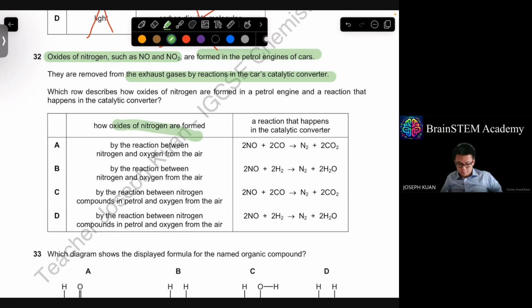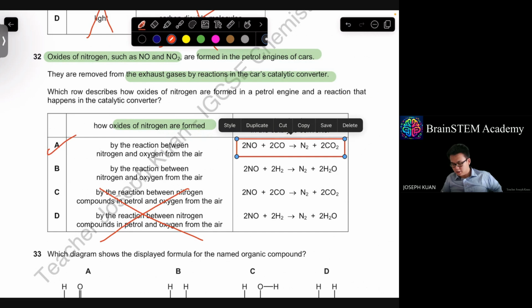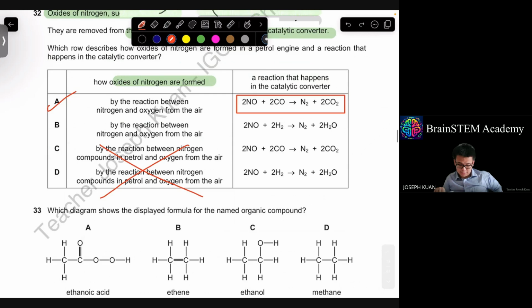Oxides of nitrogen are formed when nitrogen and oxygen from the air react in the presence of heat in the car engine, not from the petrol. And the reaction in the catalytic converter is that nitrogen monoxide and carbon monoxide formed in the car engine interact with each other to form harmless gases like nitrogen gas and carbon dioxide gas. So A is the answer.